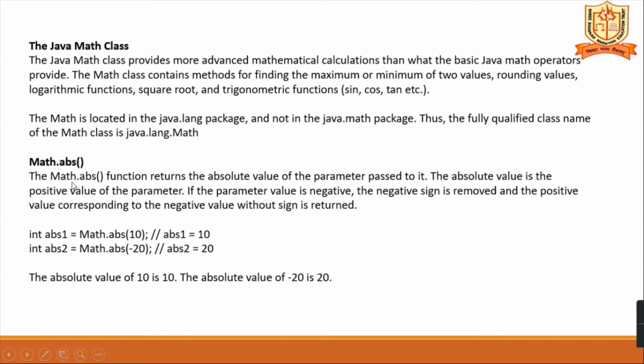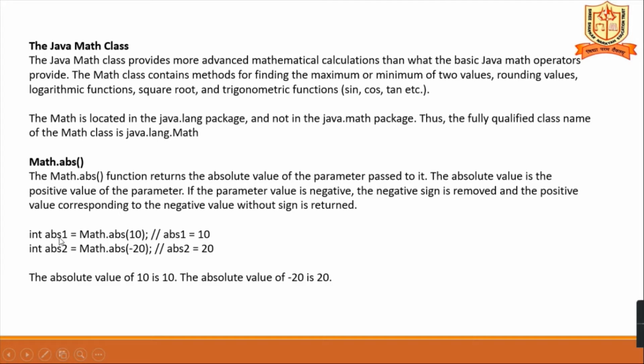We'll see that. The Math.abs function returns the absolute value of the parameter passed to it. The absolute value is the positive value of the parameter. If the parameter value is negative, the negative sign is removed and the positive value corresponding to the negative value without the sign is returned.